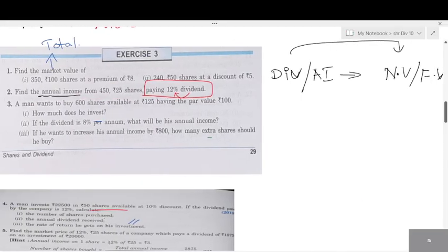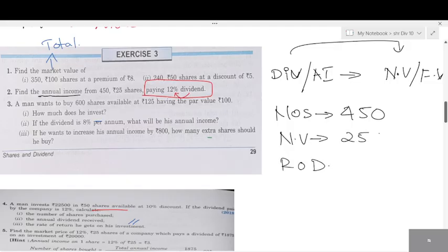Tell me the number of shares in this question. What is the number of shares, students? Number of shares is 450. What is the nominal value or face value? 25. Rate of dividend.